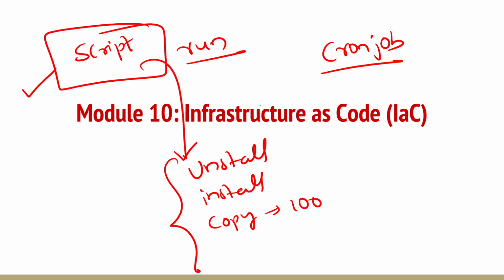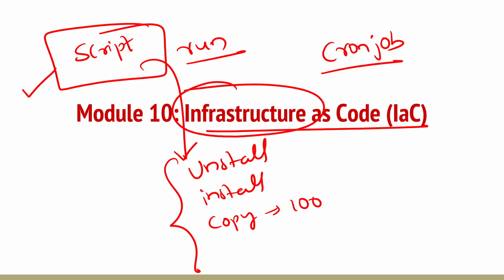So, using infrastructure as code, we are focusing more on the infrastructure level. We are trying to store the commands, installing software, uninstalling software, all that as code. So, the person need not spend much time in the laboratory to do the installation.